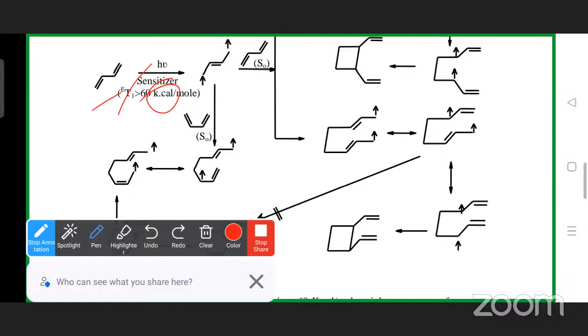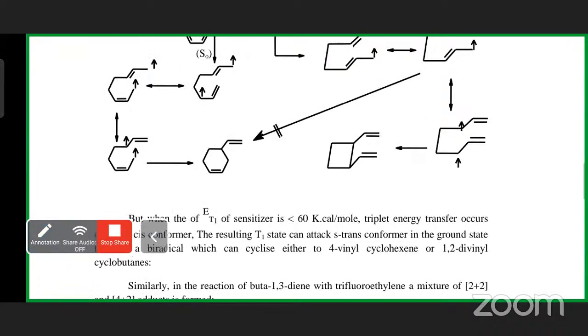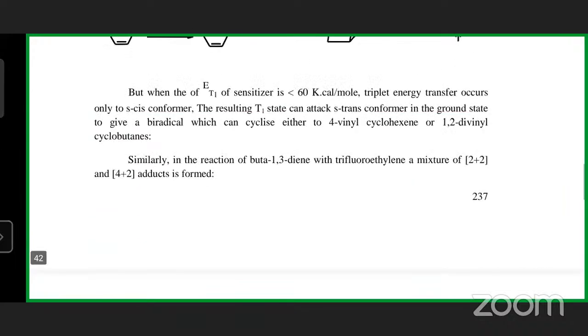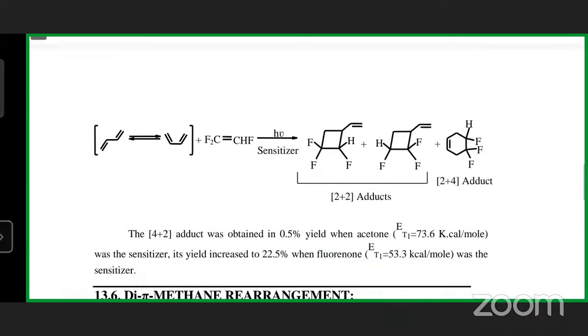So the products formed are the dimeric products, the usual products, some rearranged products, and dimeric products.